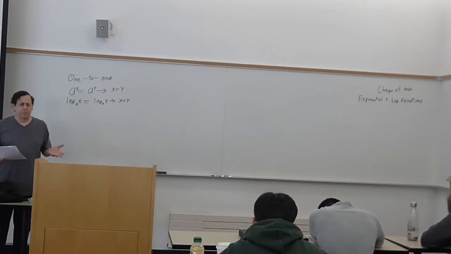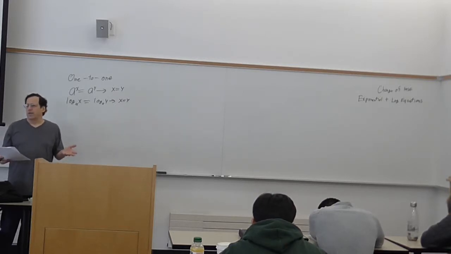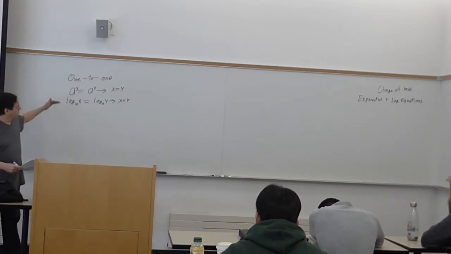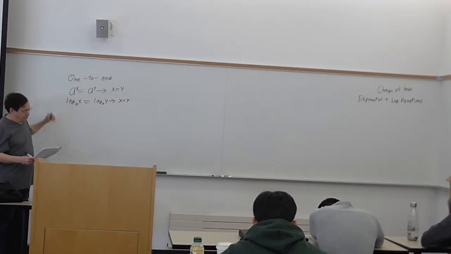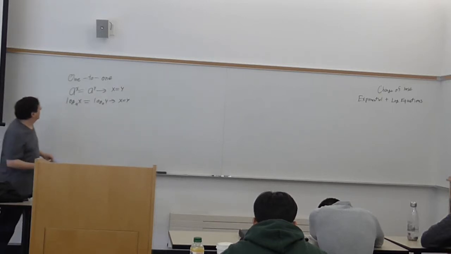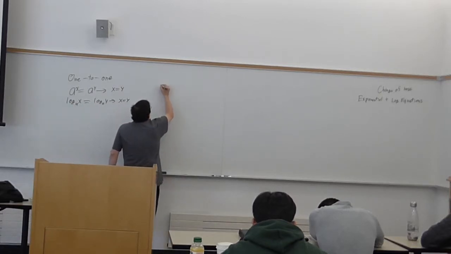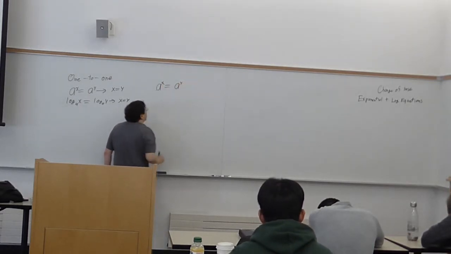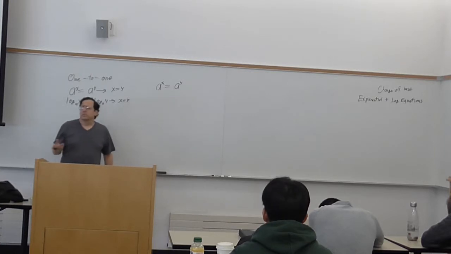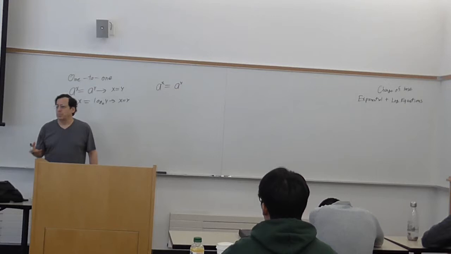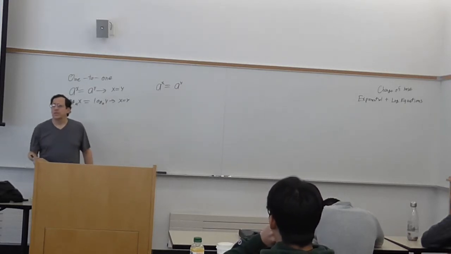I think that's kind of an unimportant detail, and I'll show you why. It's nice if you want to see things in terms of properties of functions, but there's a straightforward way to avoid that step. If I have a to the x equals a to the y, I can certainly do the same thing to both sides of the equation.